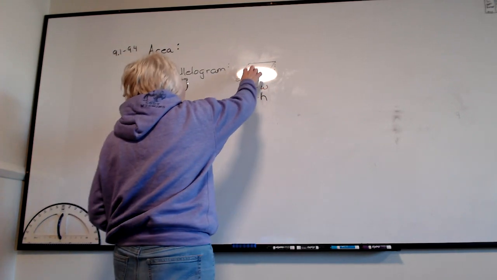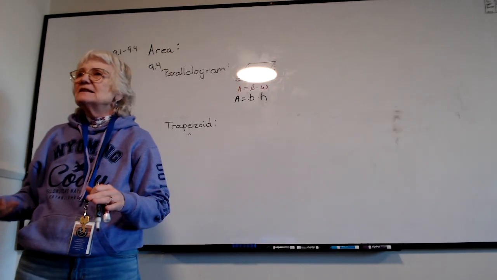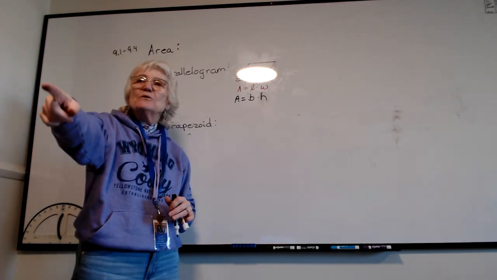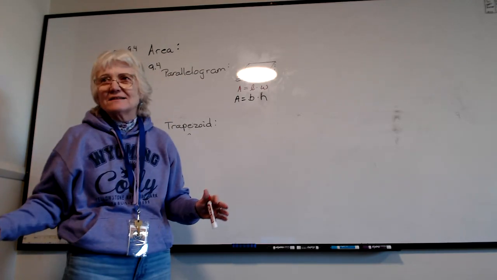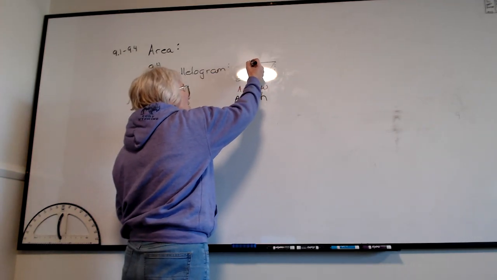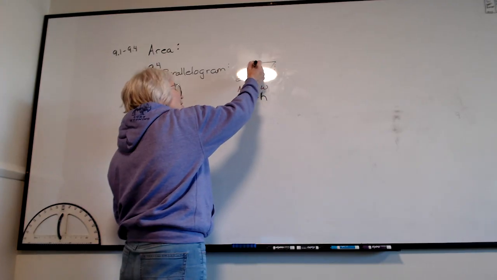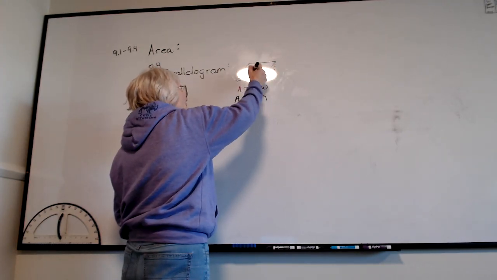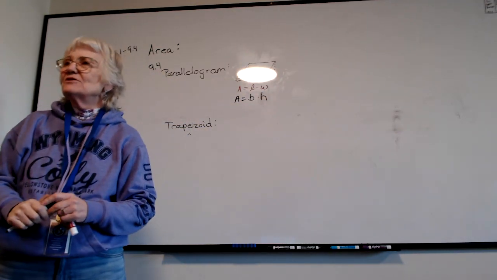You have to be able to find this height. Again, that's not so easily done. You'd have to get that angle and then find this, and it gets much more confusing when you start doing that.